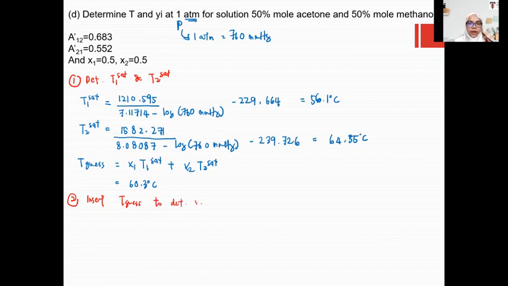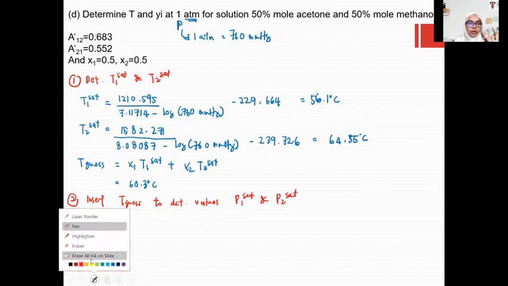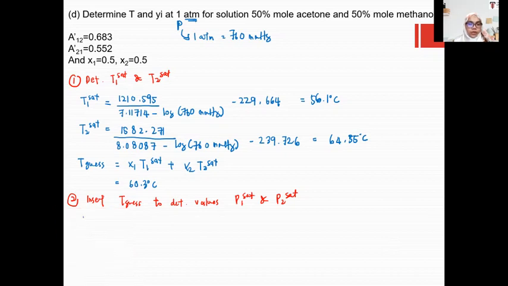determine the values of P1 and P2 saturation. So insert this value back into the unknown equation: log P1 saturation equals 7.11714 minus 1210.595 over 60.3 plus 229.664.